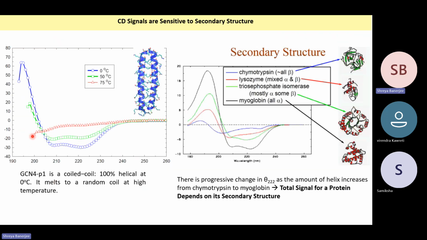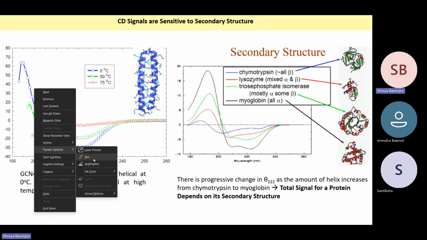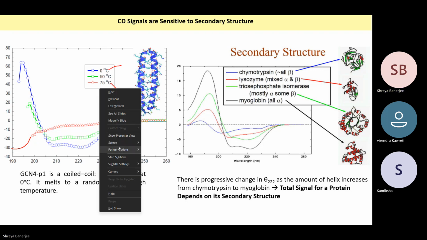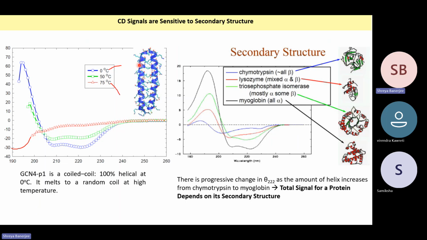Here, if you extend the spectrum, it is not showing the whole spectrum, but the spectrum will come like this. So at 0 degrees Celsius, it was alpha helical. At 75 degrees Celsius, it is becoming random coil. So at high temperatures, the alpha helix is dissociating into a random coil orientation.